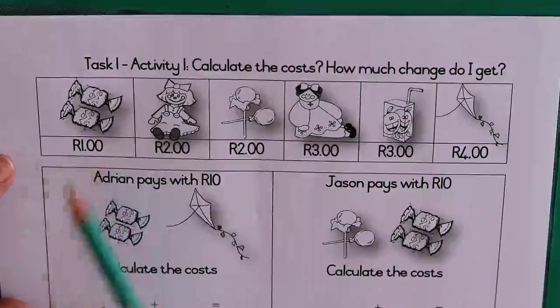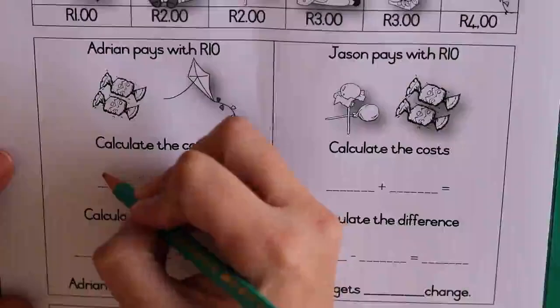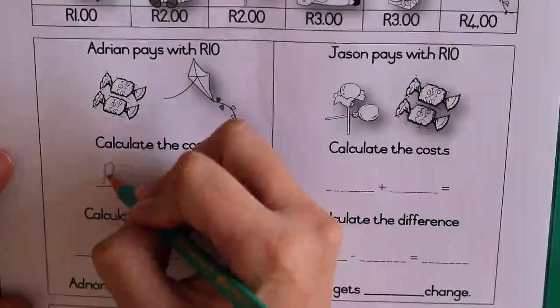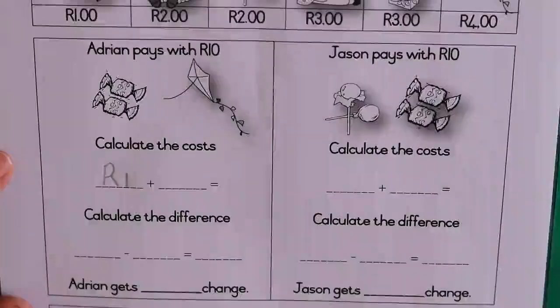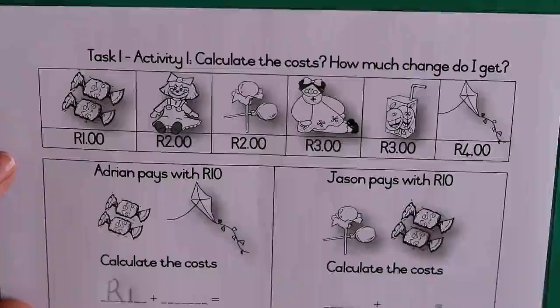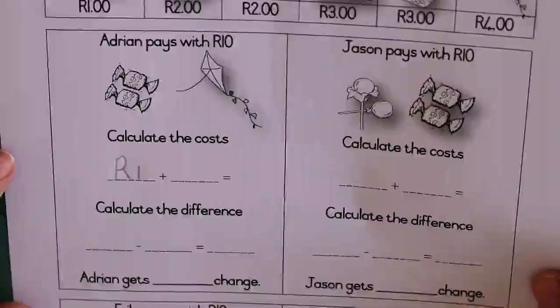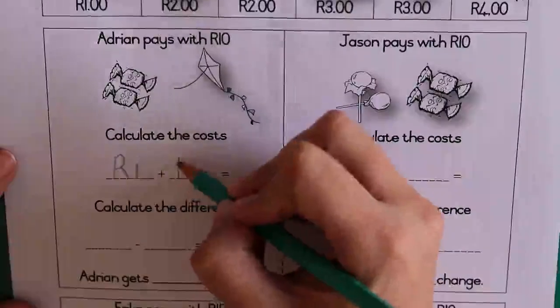R1. So I'm going to write R1. R1 plus he bought the kite. How much is the kite? R4. So R4.